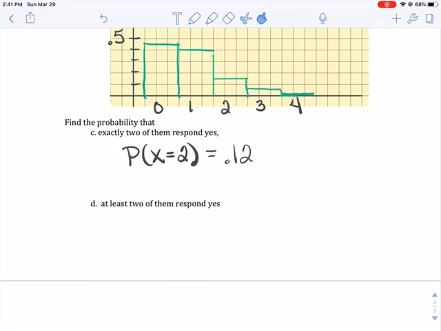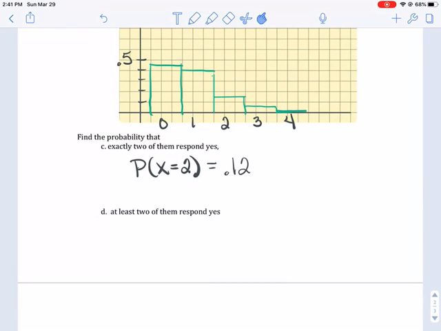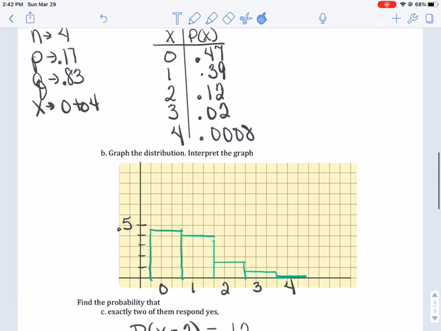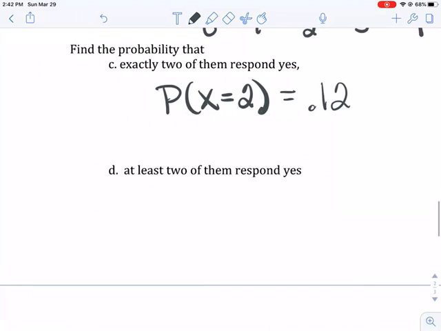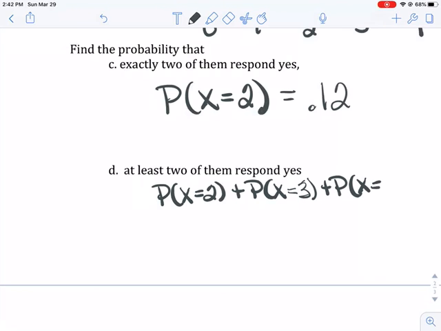Okay, at least 2 of them responded yes. Now remember, at least means 2 or more. So there's a couple ways you can do this. You can go 2 plus 3 plus 4. You can do 1 minus 0 and 1. You have a couple of choices. So I'm going to do 2 plus 3 plus 4. So x equaling 2 plus x equaling 3 plus x equaling 4.